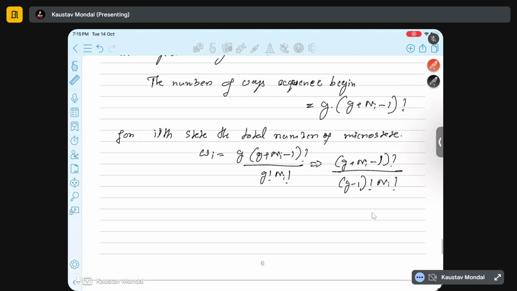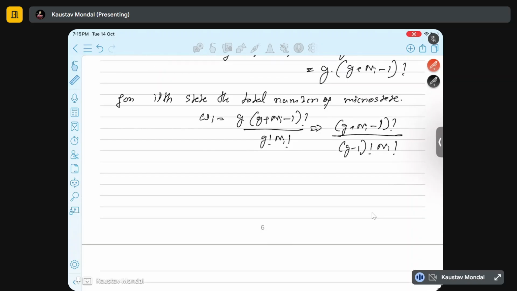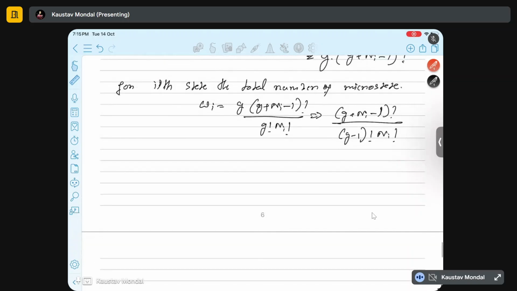Now from here, the example that we have done: the number of particles was 3 and g, the number of compartments, was 4. You have divided the box into 4 compartments. If you substitute this here, the number of ways gives you (4 plus 3 minus 1) factorial divided by 3 factorial by 3 factorial.